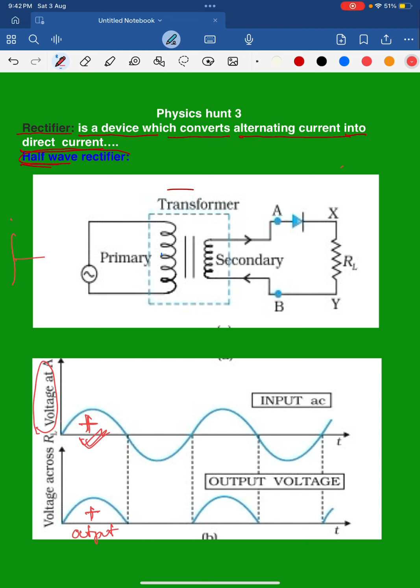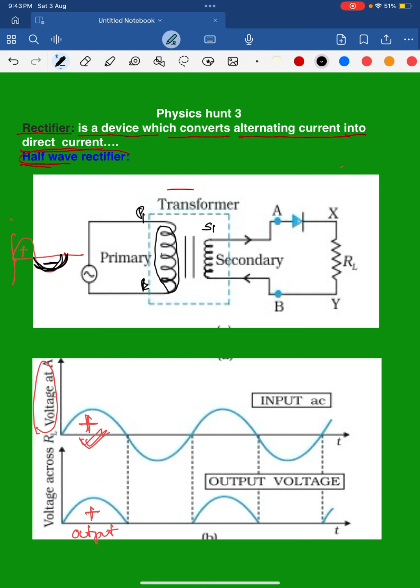Now, I told you already, the AC input will be like a sinusoidal wave. The first positive half cycle was completed; the next one is the negative half cycle, that means this one. For the negative half cycle of AC, again a current passes through the primary coil P1 and P2.